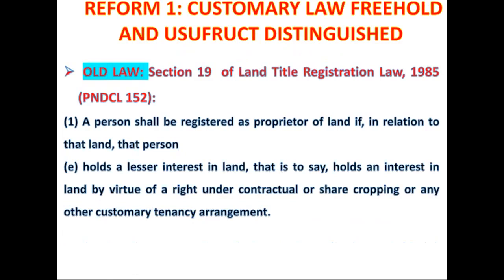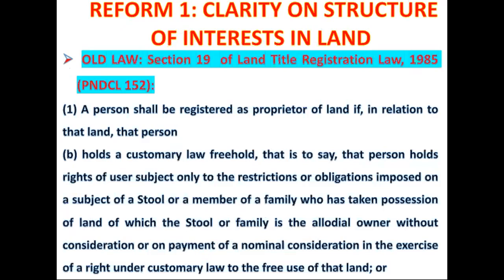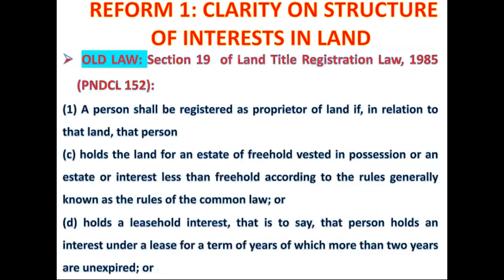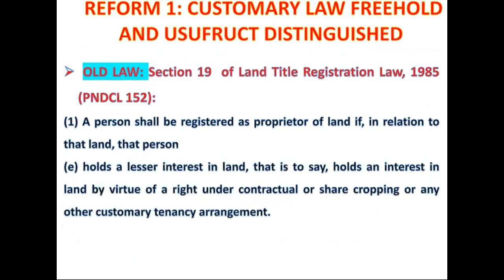Now, these are the different categories of registrable interest that were mentioned under Section 19 of the Land Title Registration Law 1985, which was in existence before the coming into force of this Land Act. It makes mention of allodial interests. It makes mention of customary law freehold. Then it makes mention of a land for an estate of freehold. Then it makes mention of leasehold interests. Then it makes mention of lesser interests.